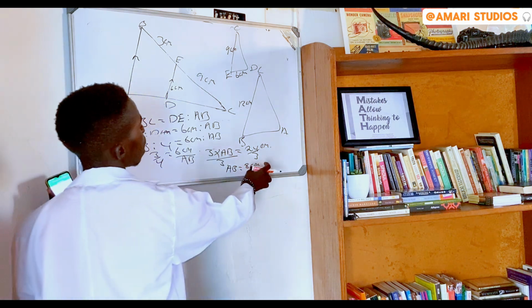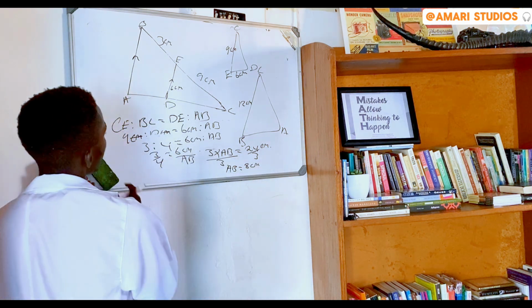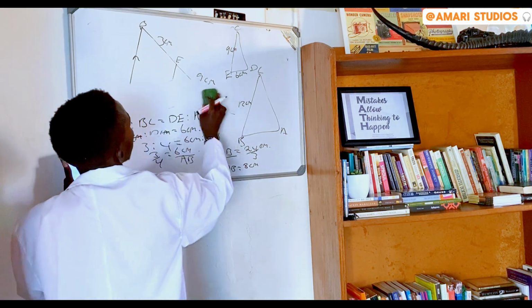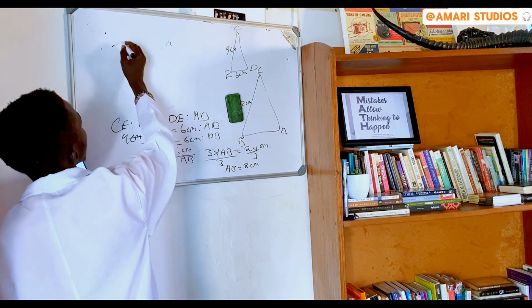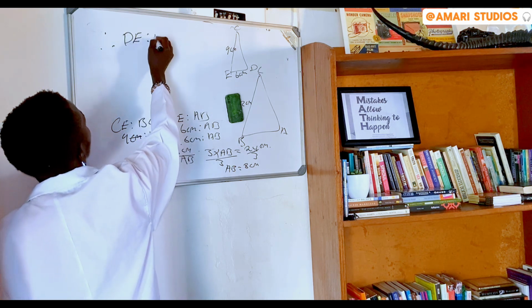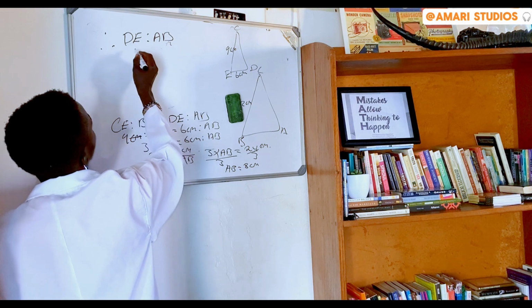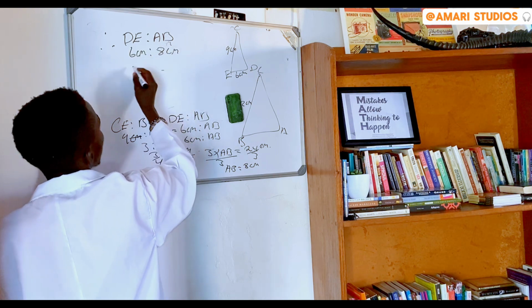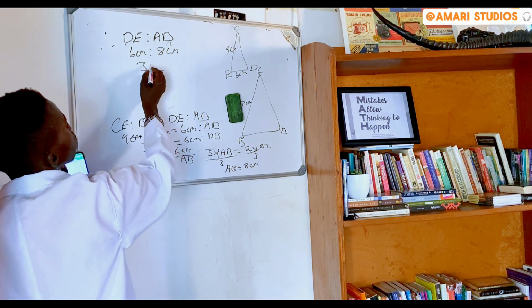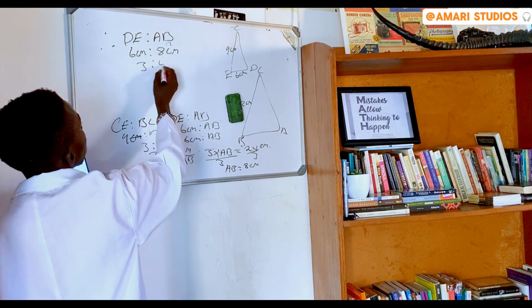Now, since we have the value of AB, it means that we can now find the ratio of DE to AB, of which you say therefore the ratio DE to AB is equal to 6 centimeters to 8 centimeters. In its lowest term, you're going to get 3 and 4.